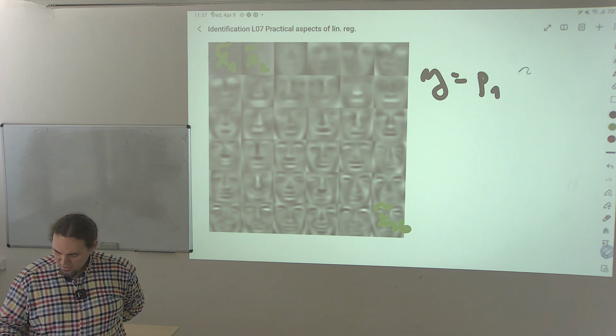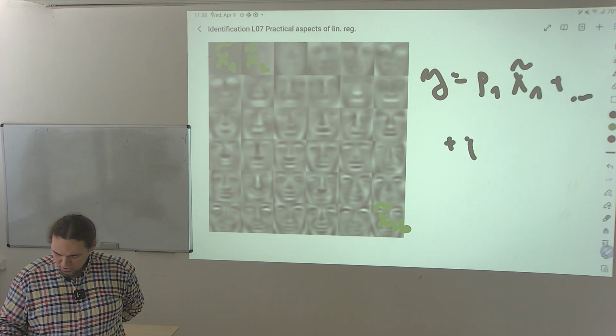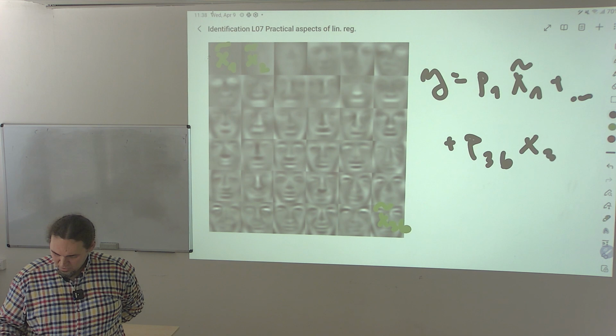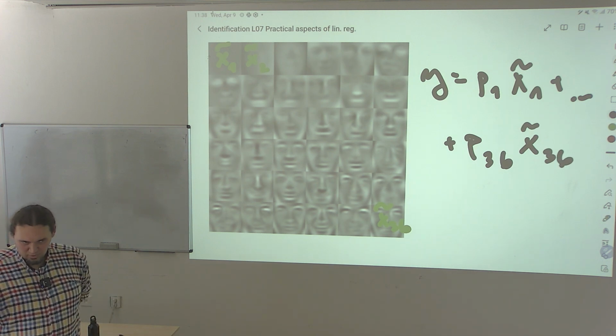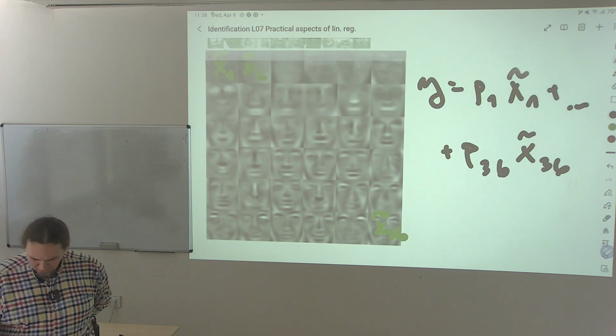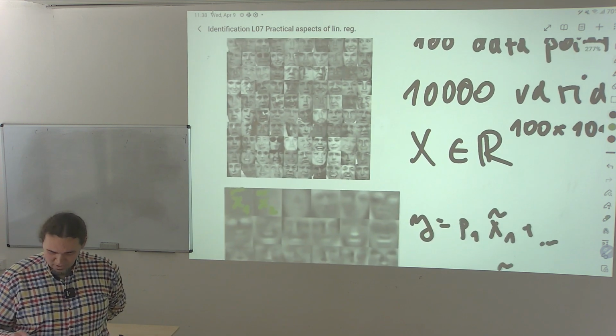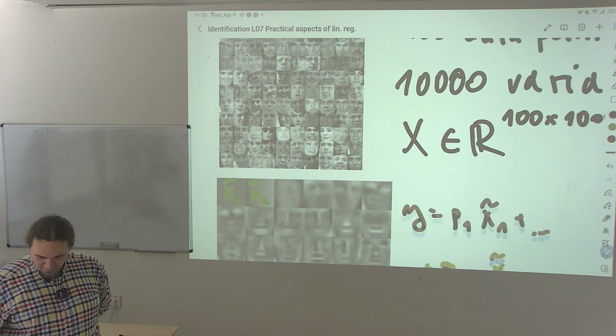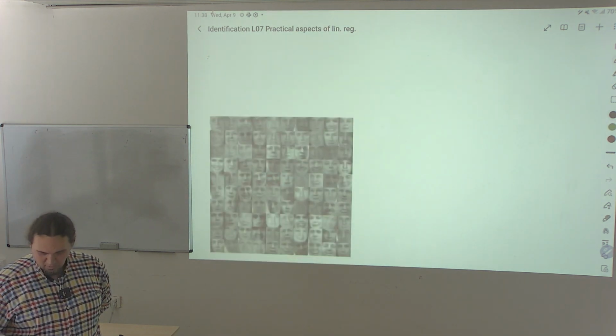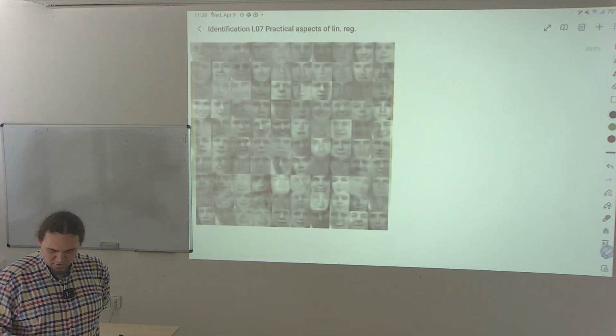Our prediction model based on this can now just very easily live with these 36 parameters. So not the 10,000 pixels information, but only 36 combinations.